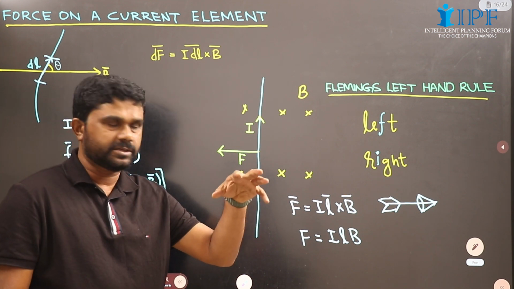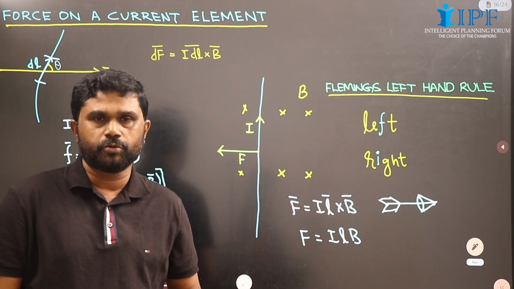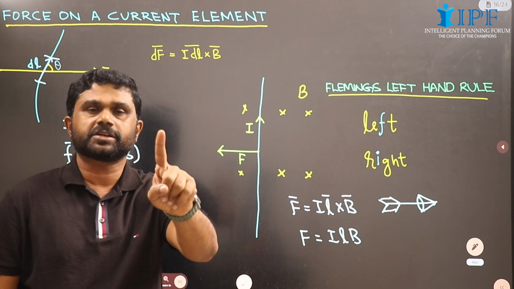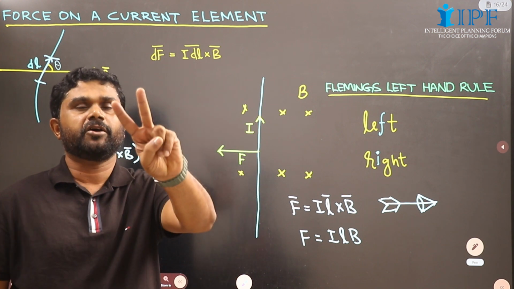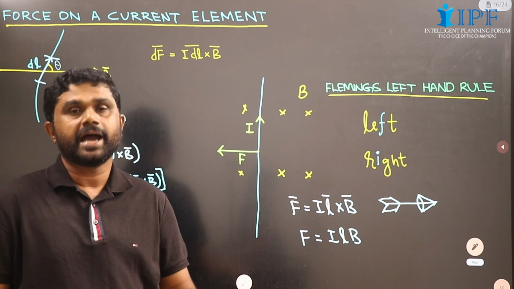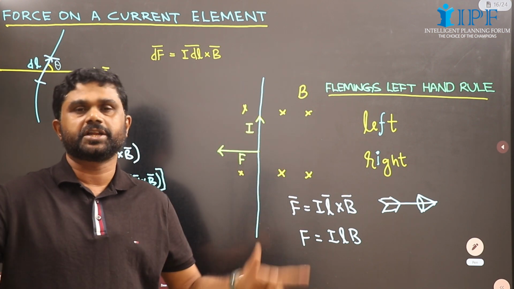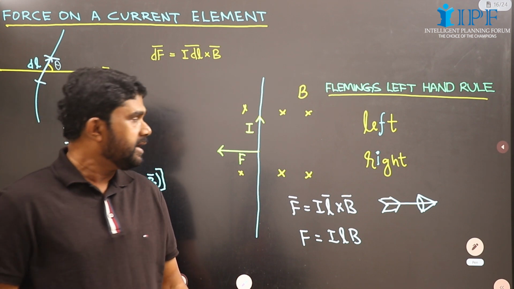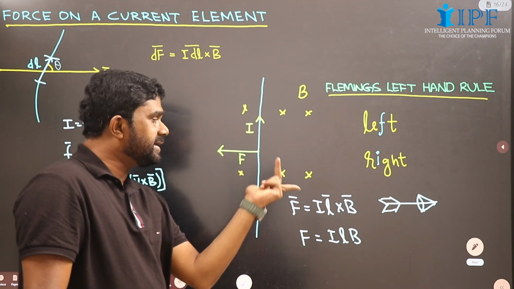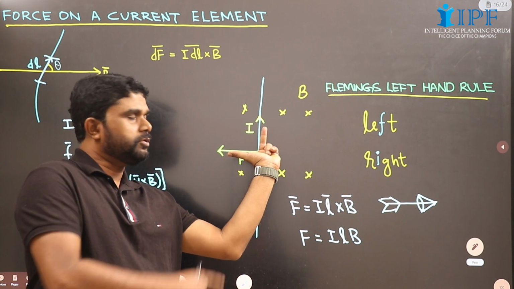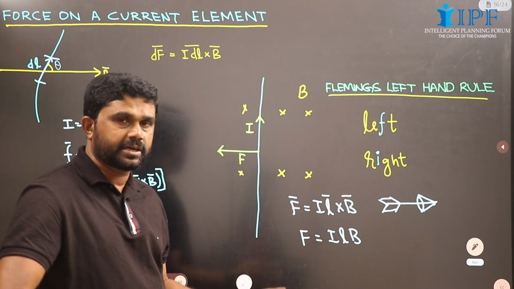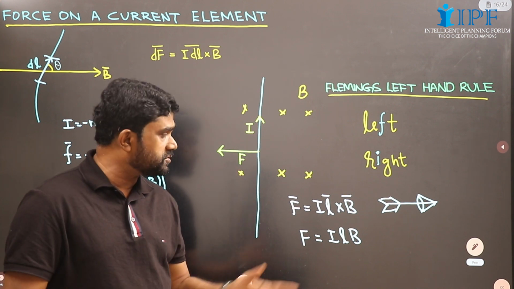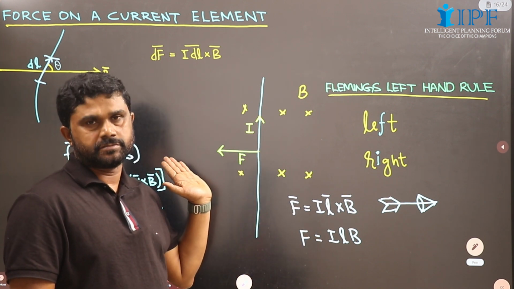In both the left hand rule and right hand rule, forefinger is along the direction of magnetic field, middle finger along the direction of electric current, and thumb along the direction of the force. Here current is upwards, magnetic field is into the plane. So children, thumb is directed towards left, so this conductor will experience a force BIL directed towards left.